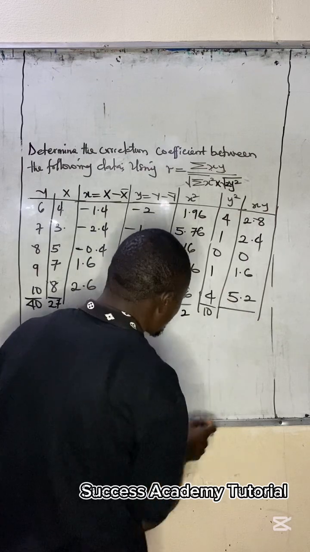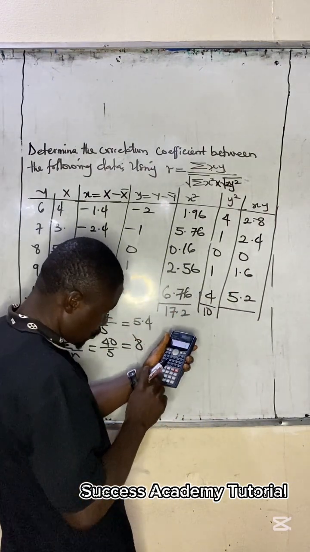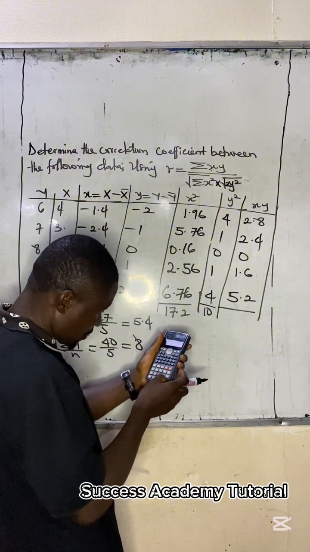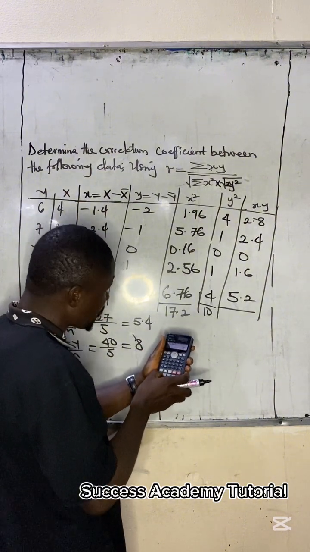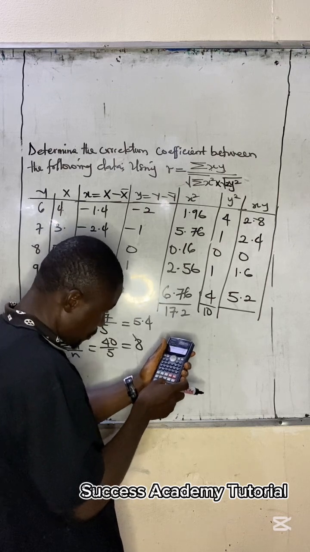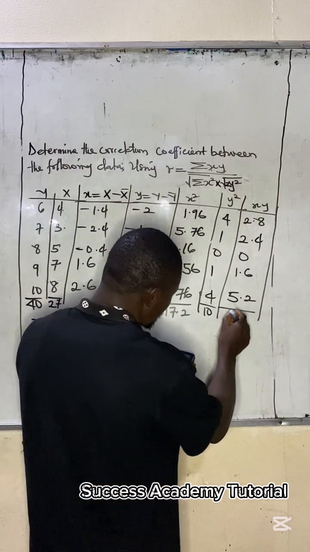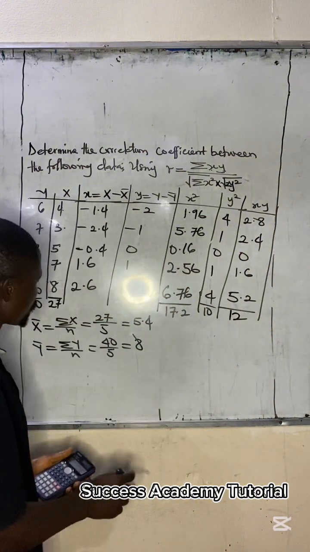Now we sum up xy also: 2.8 plus 2.4 plus 1.6 plus 5.2, that is 12. The summation of that is 12.